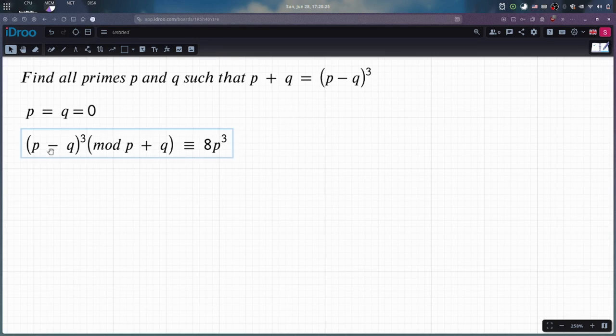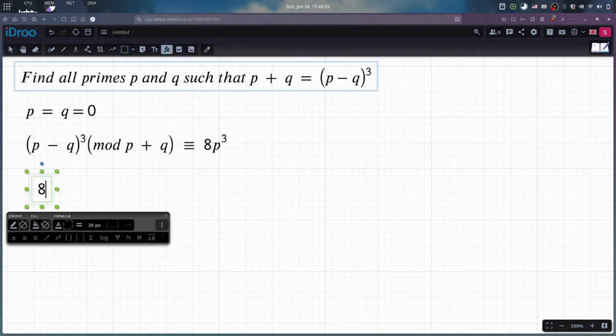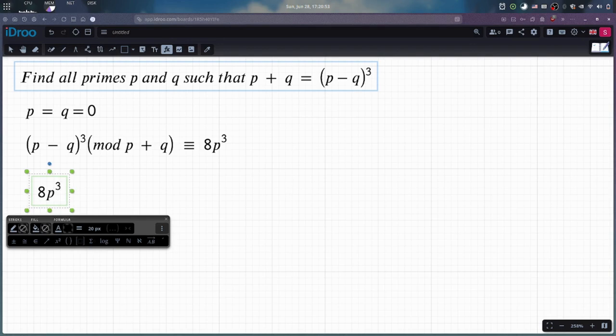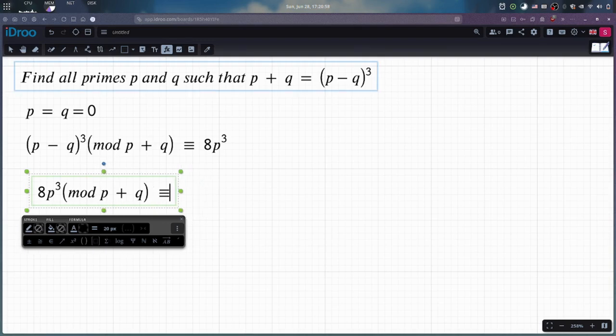Now, I also want you to notice that (p minus q) cubed is equal to p plus q, which is congruent to 0 mod p plus q. Therefore, 8p cubed would also be congruent to 0 mod p plus q. Therefore, 8p cubed mod p plus q is congruent to 0.